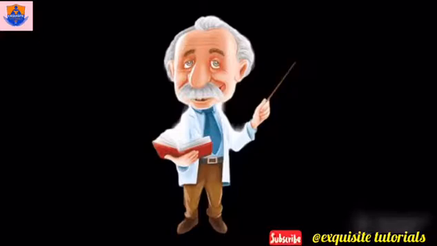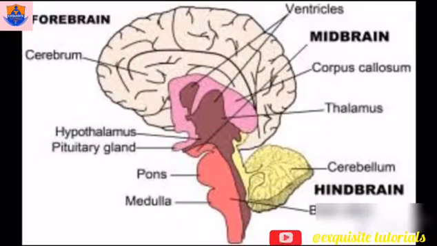Now each cerebral hemisphere is divided into four parts: the frontal, the temporal, the parietal, and the occipital lobes.